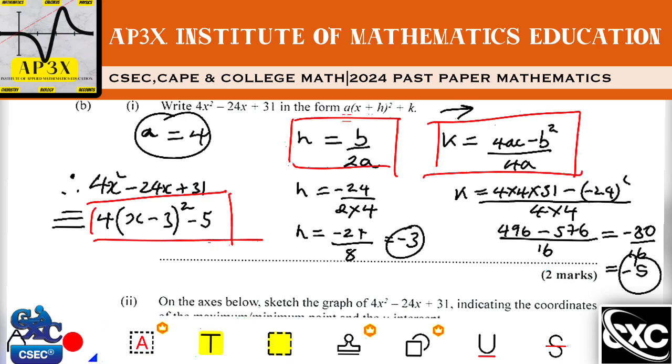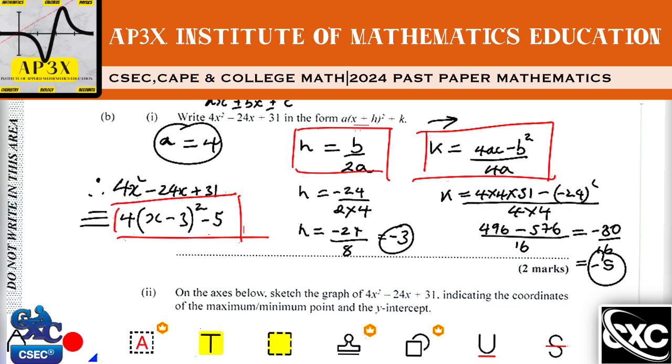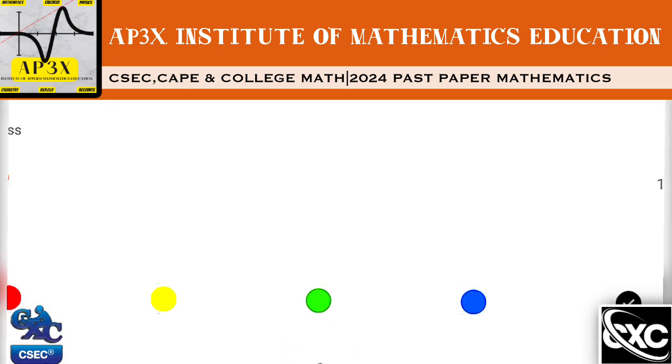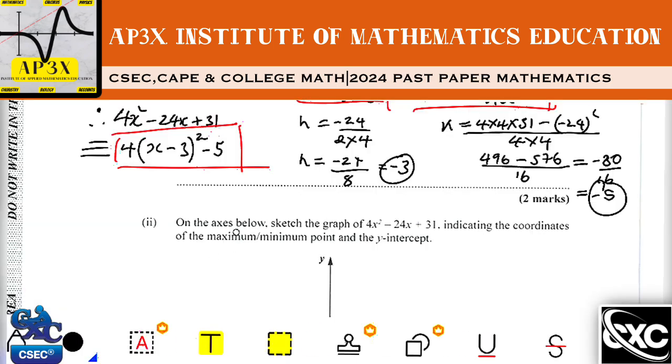All right, really nice. Now it goes on to say that on the axes below we are to sketch the graph of what we've just calculated, indicating the coordinates of the maximum or minimum point and the y-intercept.